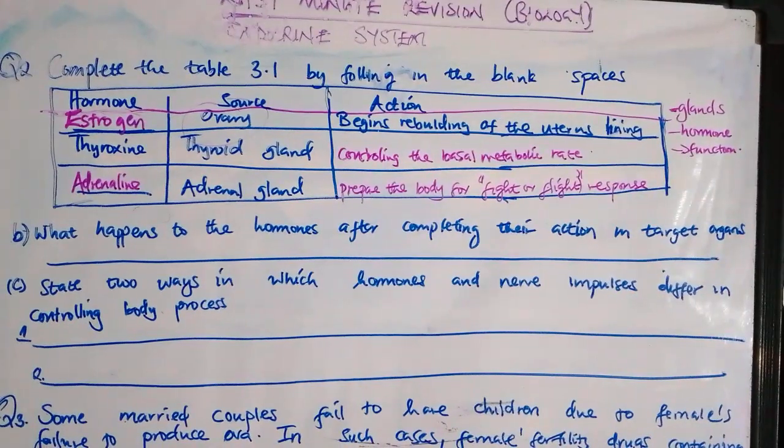An example I can give you of a fight or flight response is a response where, for example, you see a lion. So in that case, your adrenal gland will release adrenaline and it will tell you to run because the lion will kill you. In some cases, you are angry with your friend, your adrenaline will tell you to fight. Yeah. So remember, whenever you are angry, you are just under the influence of adrenaline.